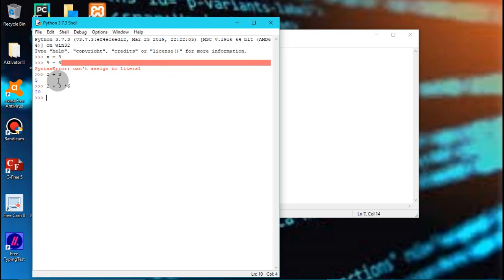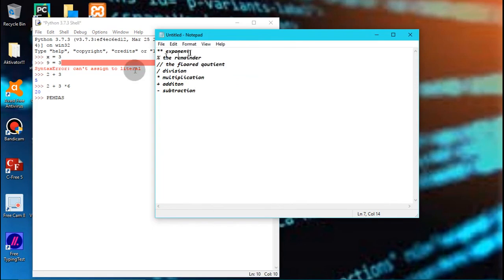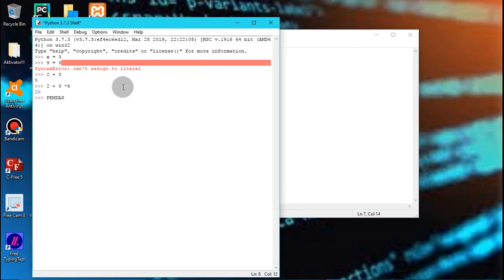Shall I ask you a question? In this simple math, which one is processed first? We have this rule of PEMDAS. First the parentheses: if there is a parenthesis in any operation, it is operated on first. Then we have the exponent, the double asterisk that I showed you, and then multiplication, division, addition, and subtraction.